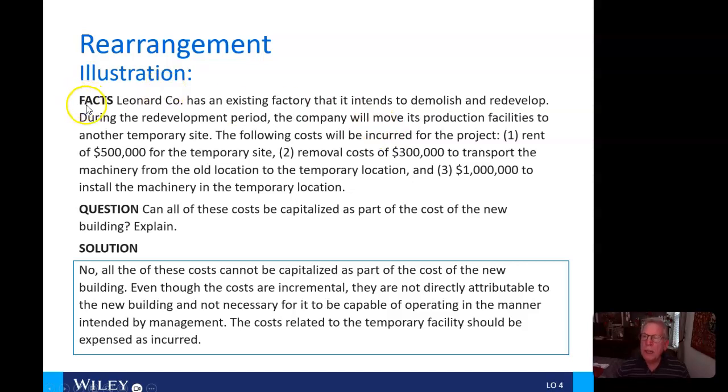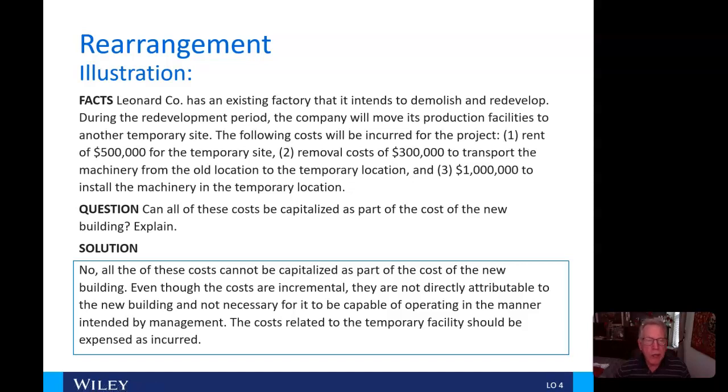All right, let's look at Leonard Company. It has an existing factory that it intends to demolish and redevelop. During the redevelopment period, the company will move its production facilities to another temporary site. The following costs will be incurred for the project. 1. Rent of $500,000 for the temporary site. 2.